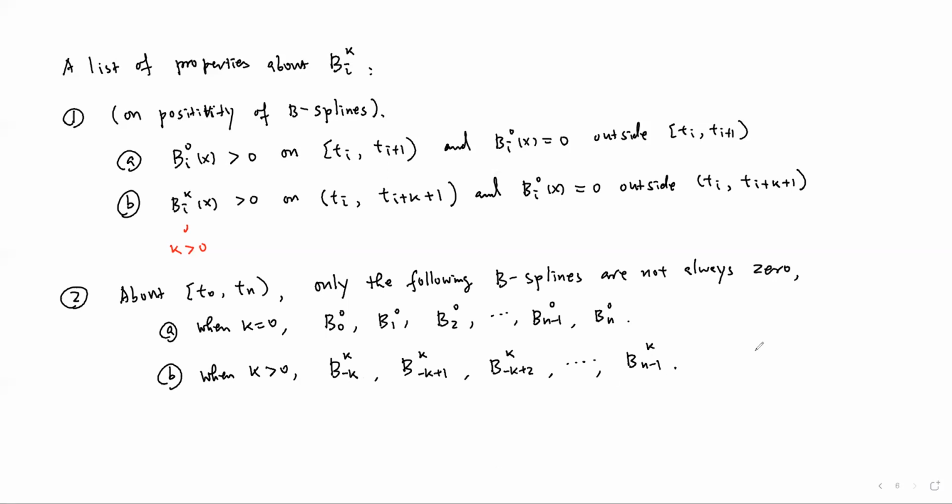How many functions here? This is n minus 1 minus negative k, then plus 1. So this is n minus 1 plus k plus 1. Oh, n plus k. Only these n plus k spline functions are non-zero on this interval. Other spline functions are 0 everywhere on this interval. This is property number 2. For the proof, you can take a look at the book.